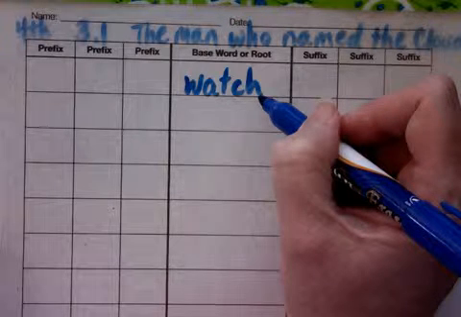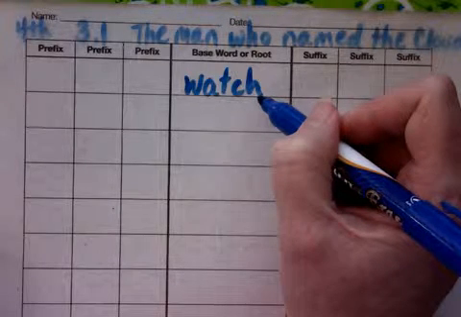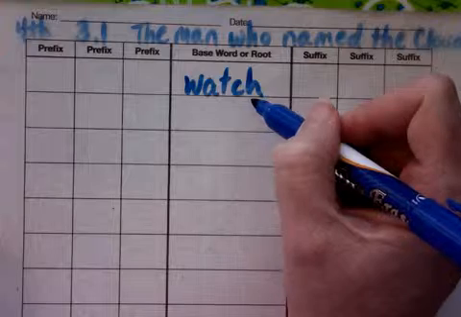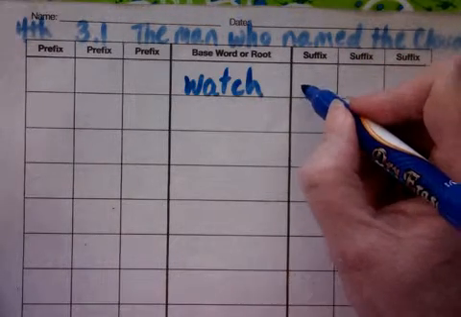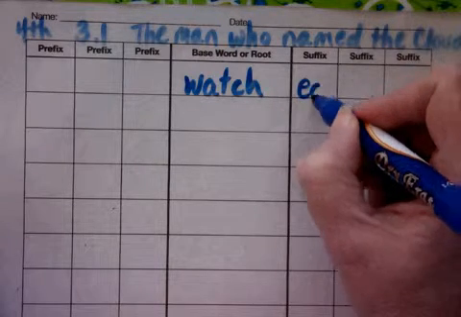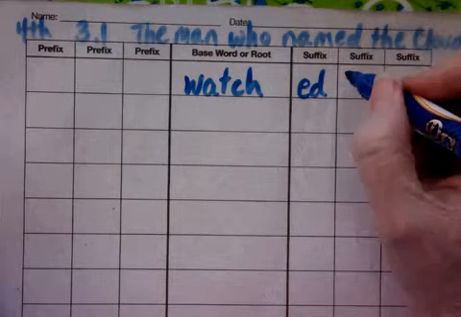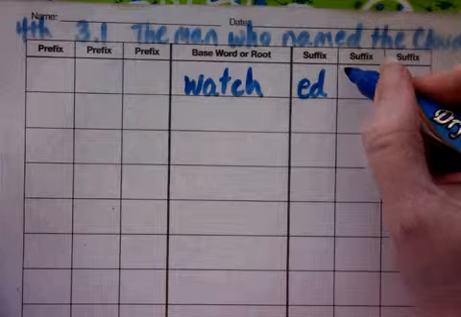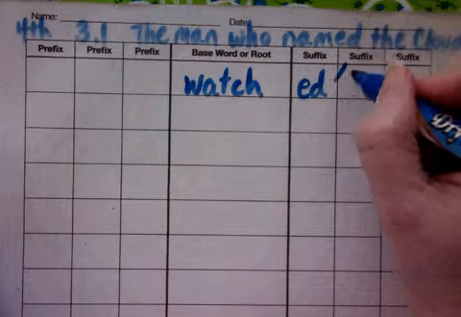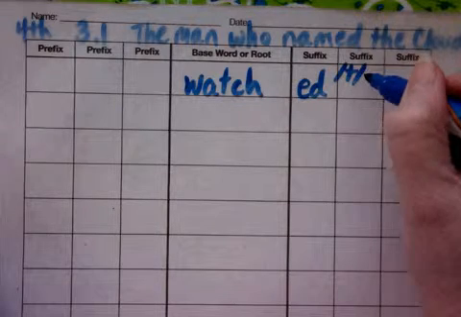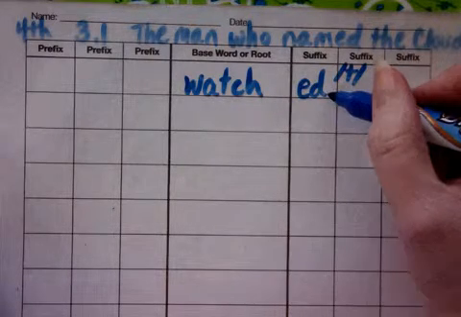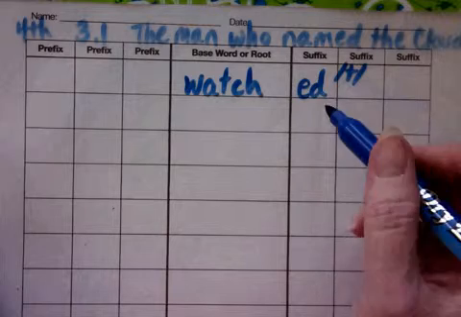TCH at the end of a single syllable following a single short vowel. The ending is the past tense, ed, and it's pronounced, and I'm going to write it over here in virgules, which are the forward slashes, which means the sound is made when you see those two slashes. The sound is /t/, watched.